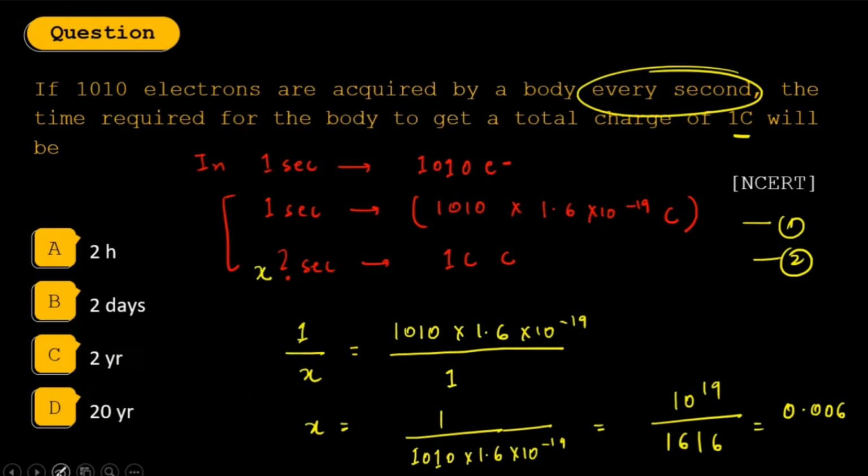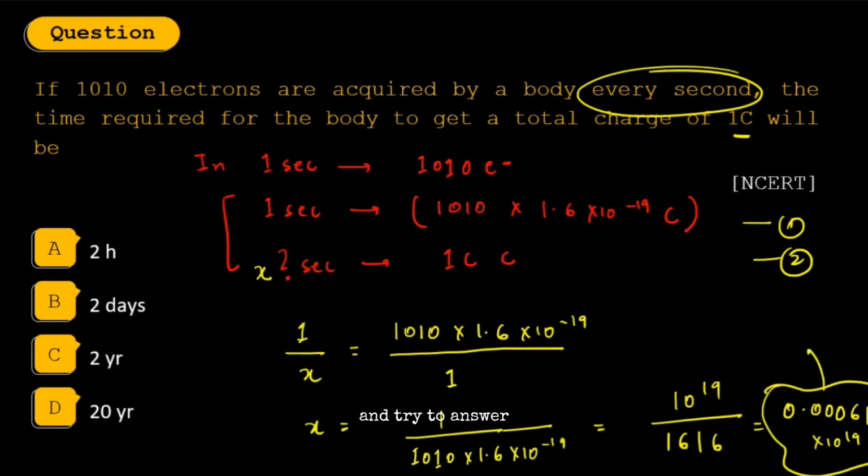One more zero is there. 0.00061 into 10 to the power 19. Now just simplify this number and try to match the question options. So here I can say it is going to be around 6.1 times 10 to the power 15 seconds.